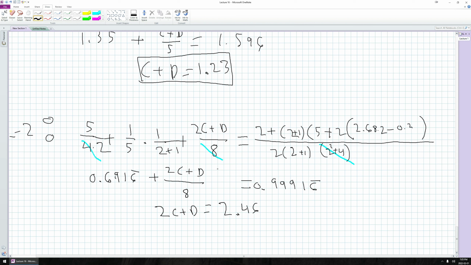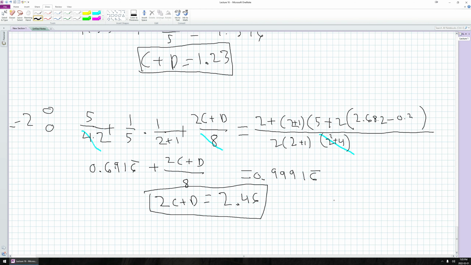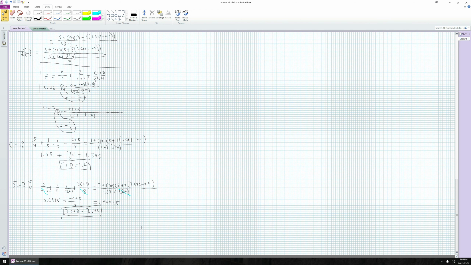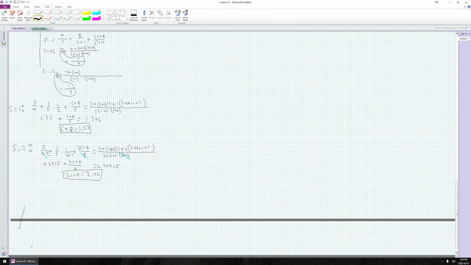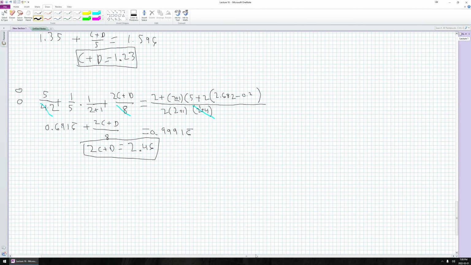So now what have I done? I have two equations here for this and this. So I can solve this pretty easily by adding them together or subtracting them and then taking another scalar addition of them.